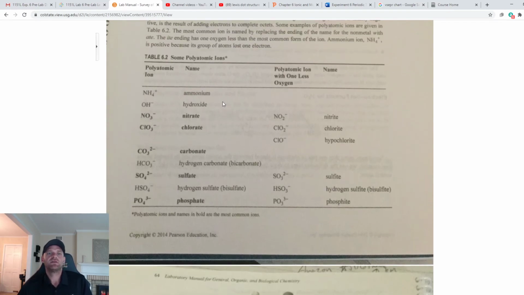Okay, polyatomic ions are just their own little set of molecules that exist within the molecules as a whole. They have their own charges, and so you'll need this chart to be able to do these easily.